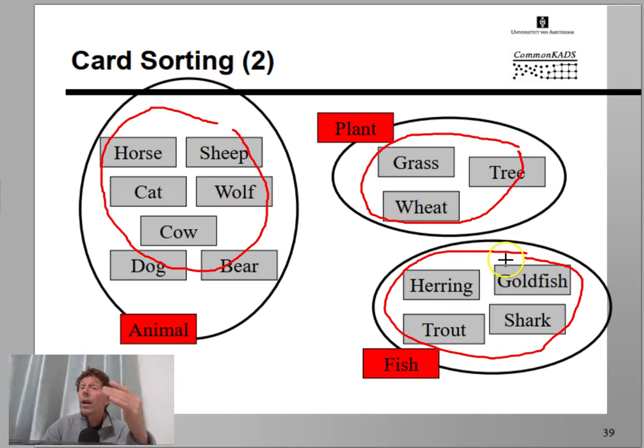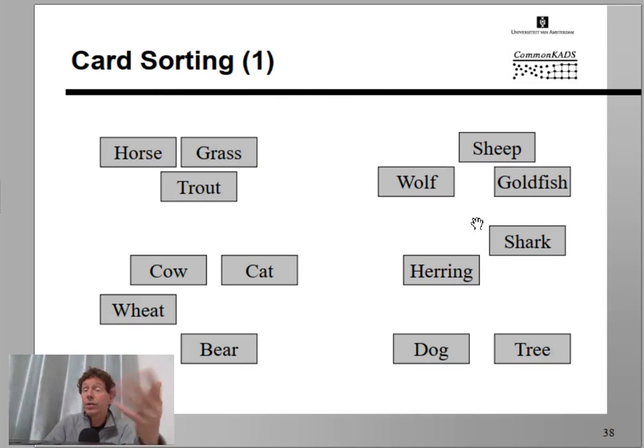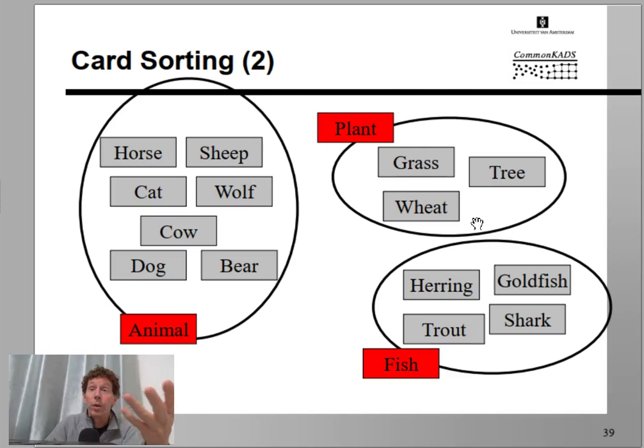Okay, so from going from this set of unordered cards on the table and just reordering them into 3 stacks and asking the expert, well, why did you order them? We've learned 2 things. We've learned that there is such an abstract notion as animals, plants, and fish. Those are 3 distinctions that weren't on our cards, but they emerge from the way the expert put the cards in the stacks.